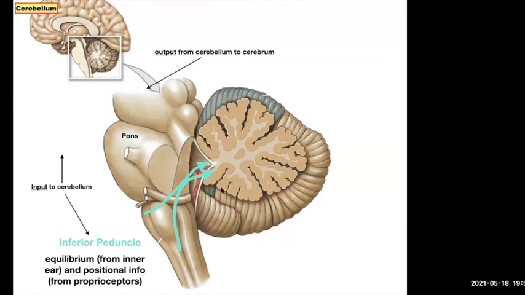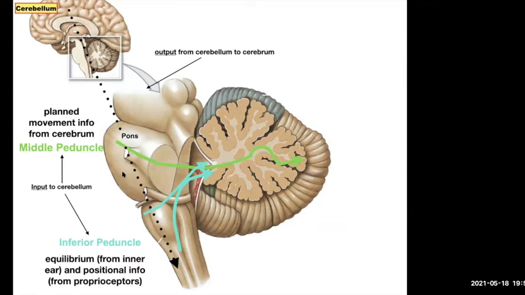They tell your cerebellum what your body's doing at any given point. It's positional information. You also, from your cortex, are sending down information about planned movements, right? And your cortex wants to check with your cerebellum. So there'll be a branch coming from that, from your middle peduncle. So these two, your planned movements as well as your current situation, are the input to the cerebellum, right?